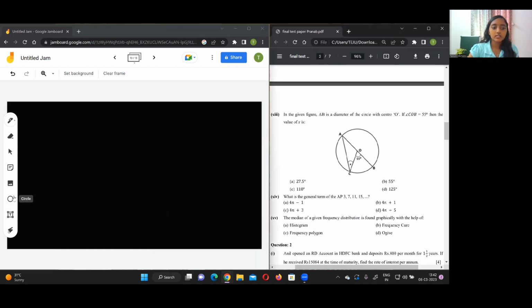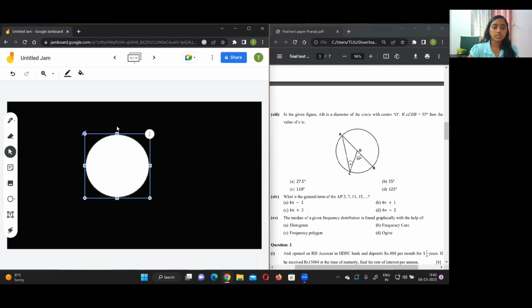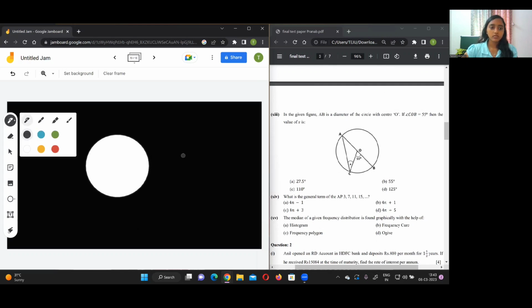Next question is on a circle. Let us draw a circle, right? And now it says that there is one line like this here that's passing through the diameter.